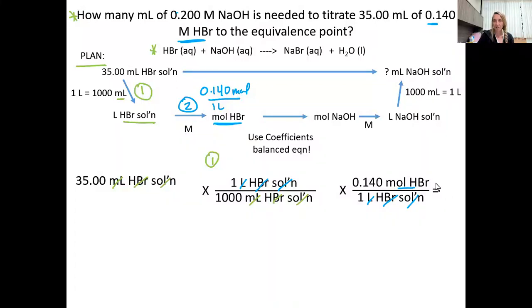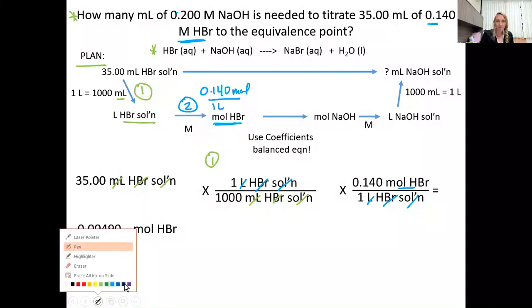Okay, I have my equal sign, so I multiply 35, I multiply 1, I multiply 0.140, I divide by 1,000, I divide by 1, and the answer I get is 0.004900 moles of HBr right here.